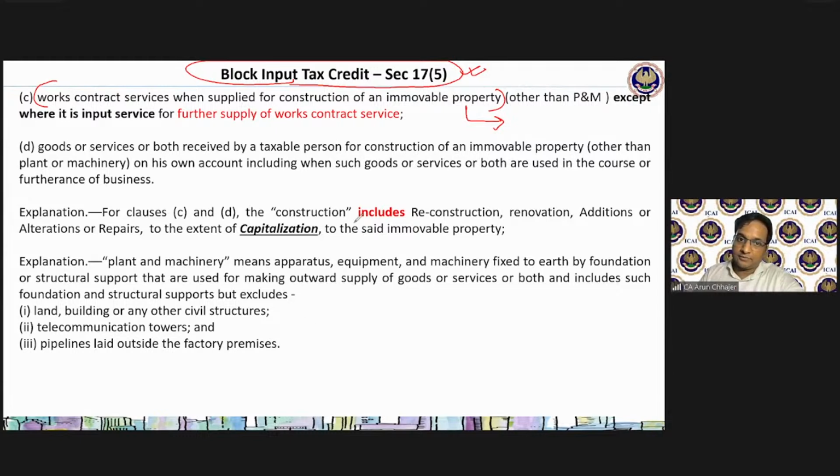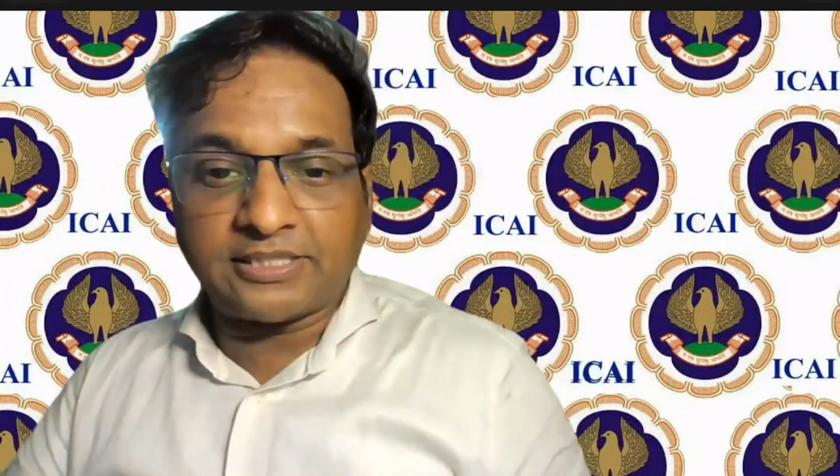Any other? No, sir. I'm through. Thank you. Any other participant like to ask any question? Kindly raise your hand. Any other participant? So let me move to Pradeep. Yes, Pradeep has also given the right answer. Fine. Anyone can join.